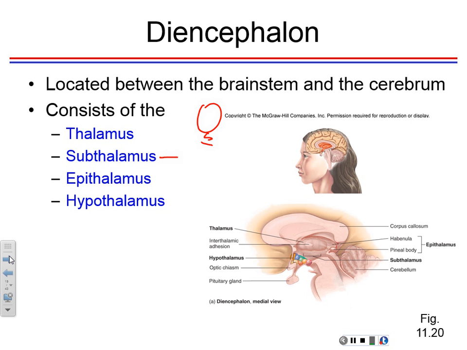And then more underneath it will be the hypothalamus, and then the pituitary is on the bottom. The hypothalamus secretes hormones that control the pituitary gland. So everything is centered around the thalamus.